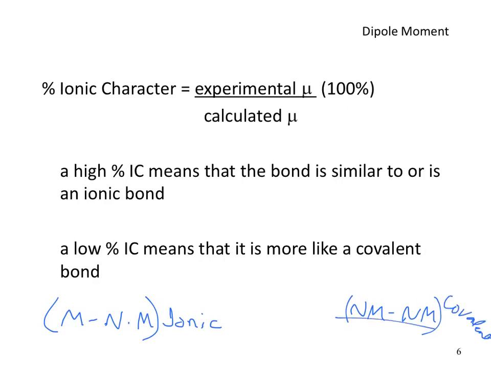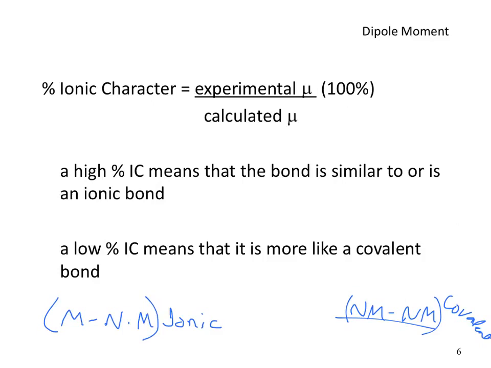We are taking it one step further. Even within all the ionic bonds, it's a possibility that the difference in electronegativities is, let's say, 1.7 or 1.8. It's kind of borderline. Where do we draw the line then? How do we tell what is the extent of the ionic character?